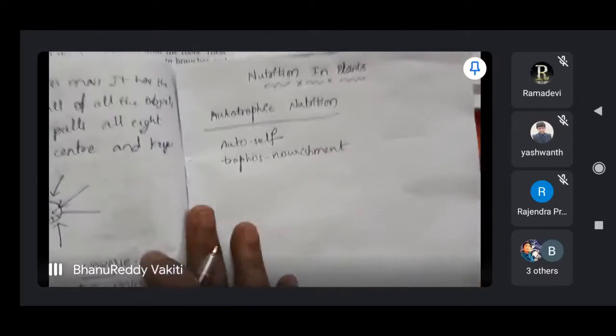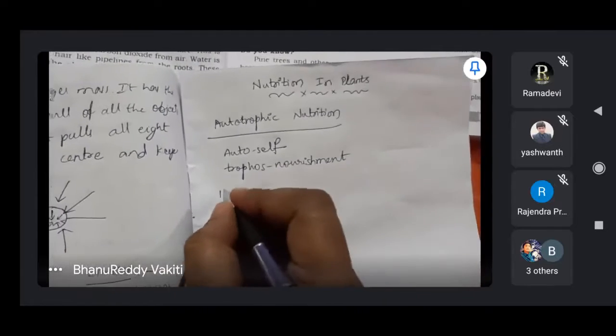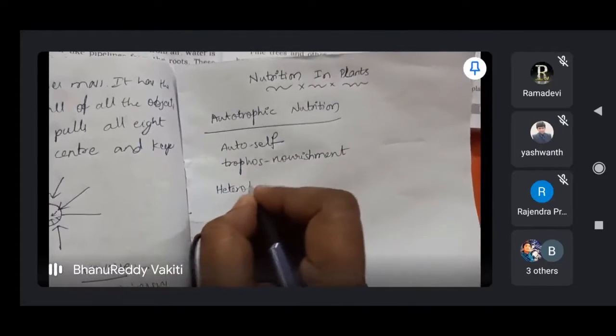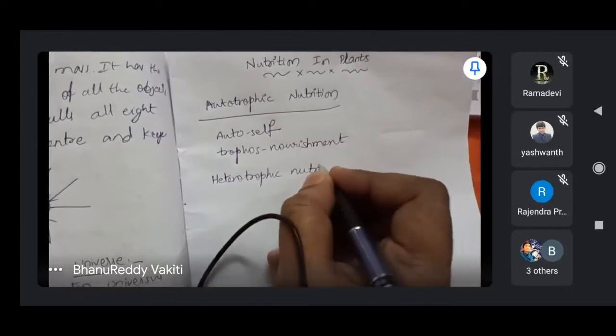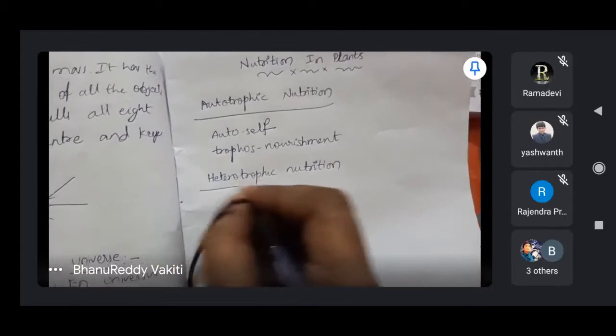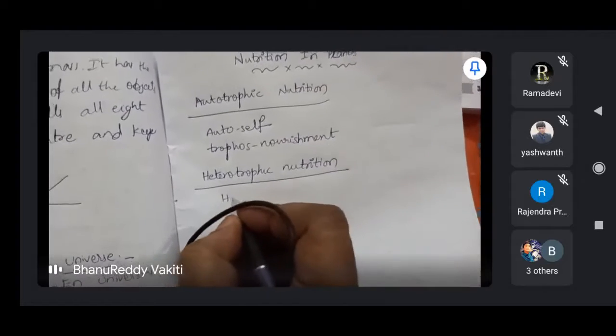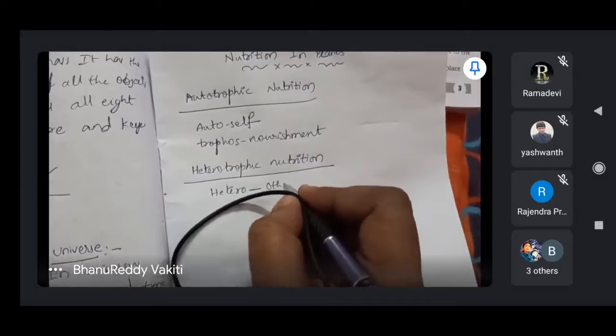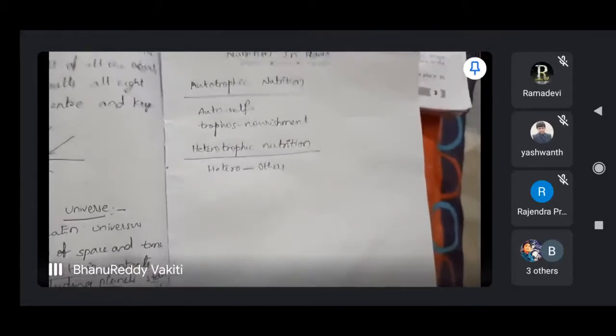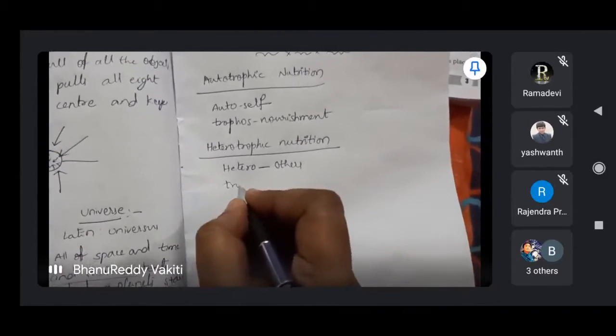And while coming to heterotrophic nutrition, hetero means others, and tropic means tropos, nourishment.